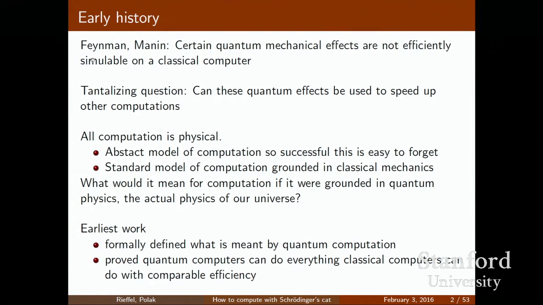And part of that is that we are very used to a very abstract model of computation, that it's really easy to forget that all computation takes place physically. And we can remind ourselves of this by thinking about some of the ways of grounding classical computer science.